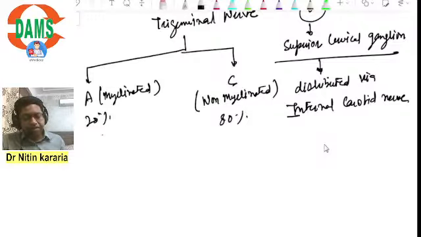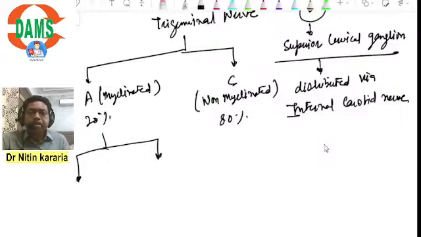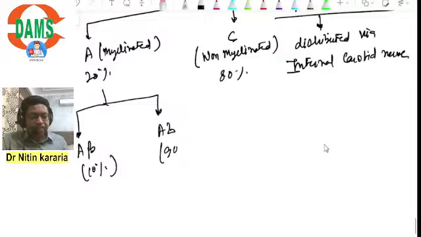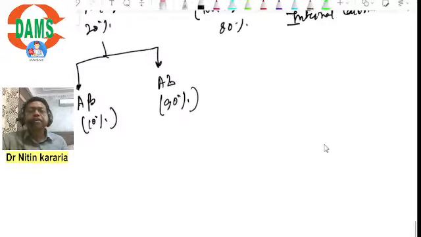A fibers are further of two types which are present in the pulp. Sensory, as the name indicates, they carry the sensations from the dental pulp to the brain. A fibers are A beta fibers and A delta fibers. 10% of the A fibers are A beta fibers and 90% of the A fibers are A delta fibers.